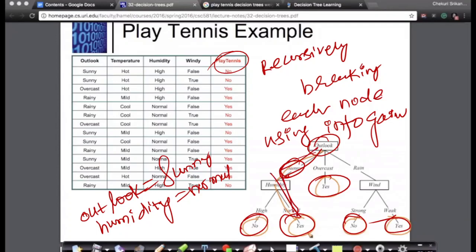In this path, it says yes. In my data set, whenever outlook is sunny and humidity is normal, the result was always yes. There was no tie, and it's not about majority. All the points in my data set where outlook equals sunny and humidity is normal have the class label yes, and that's what this decision tree says.